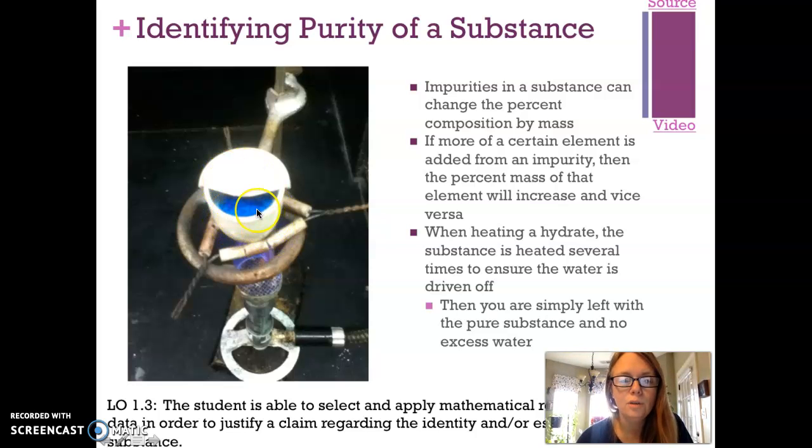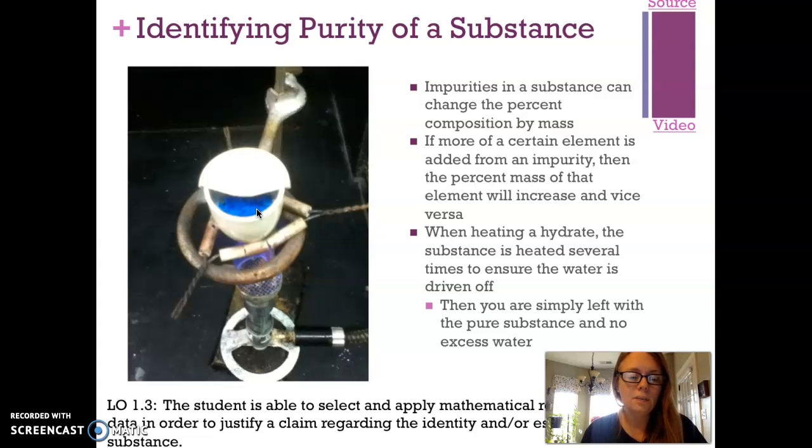It starts off blue, and when you heat that, it turns white. You remember that from Chem 1 lab. It turns white as you lose the water. You can calculate the grams of water that were lost and change that into moles and figure out how many moles of water are attached to each mole of the compound.